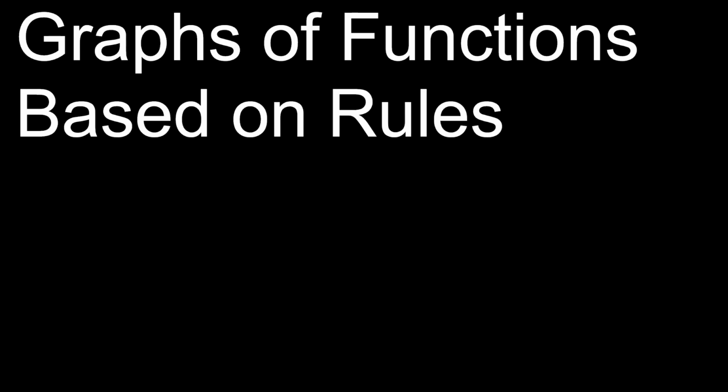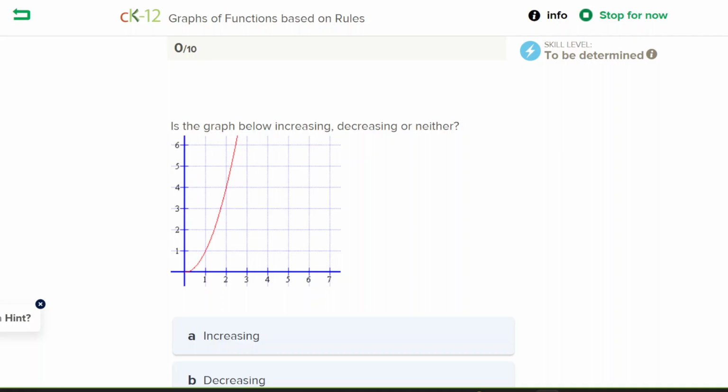In this video, I'm going to be going through several examples taken from the adaptive practice at a website called ck12.org, and I'm in their Algebra 1 text. All right, so here we are at ck12.org and their adaptive practice called Graphs of Functions Based on Rules.